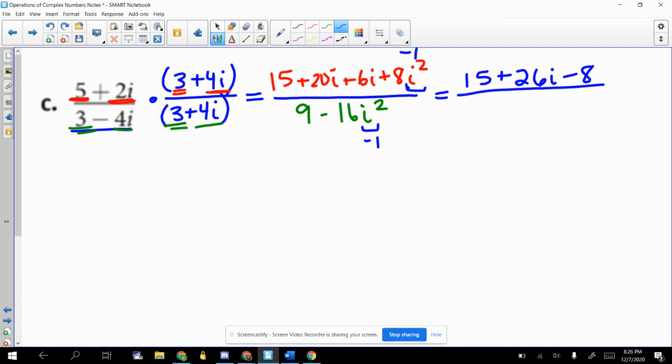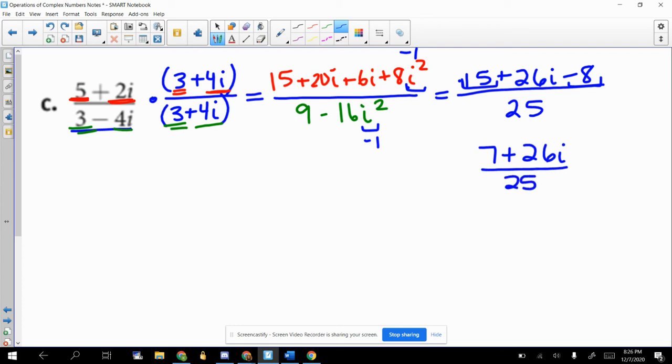So 9 minus 16 times negative 1 is going to be 9 plus 16, which is going to give us 25. Okay, so then we just need to combine this 15 and negative 8. So that's going to give us 7 plus 26i over 25. So now we're in simplest form.